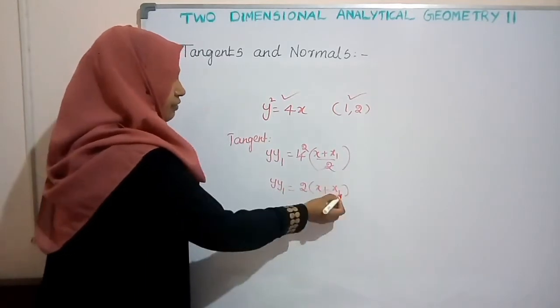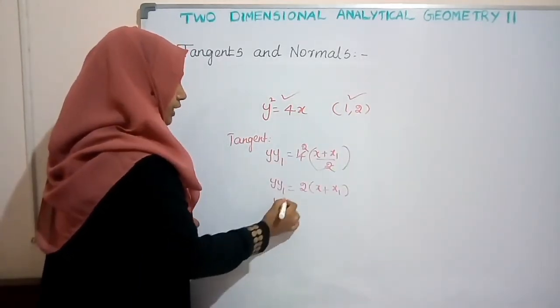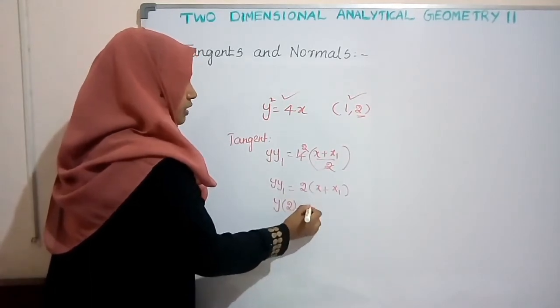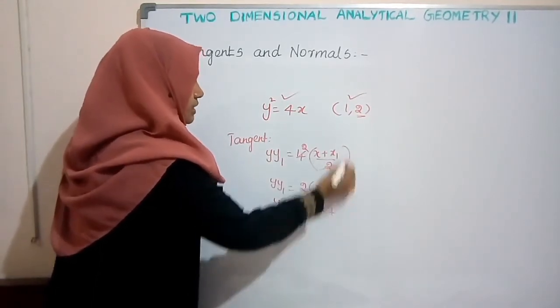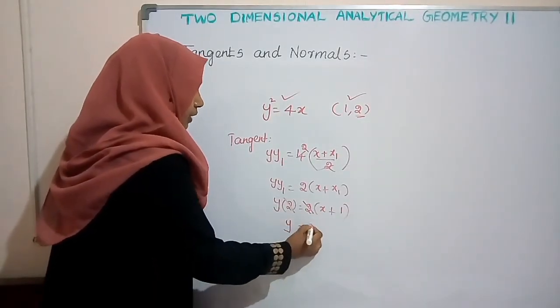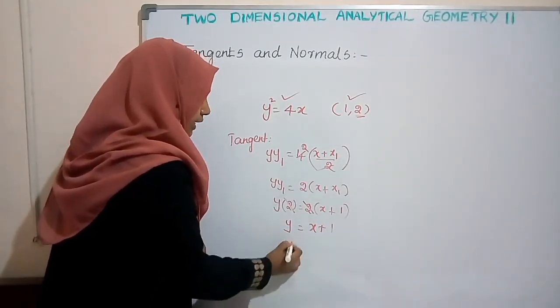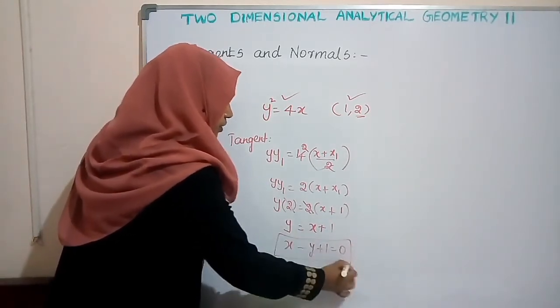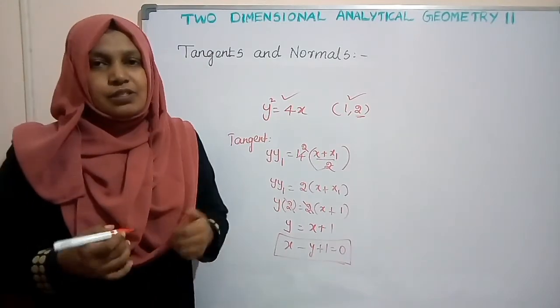So in this x1, y1 we should substitute the point of contact. So y into y1, y1 is 2, is equal to 2 into x plus x1, that is 1. 2 gets cancelled. We have y is equal to x plus 1 and x minus y plus 1 is equal to 0 is the equation of tangent. See, like this also we can find.